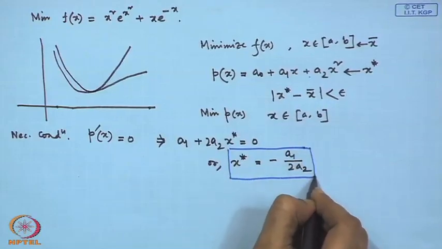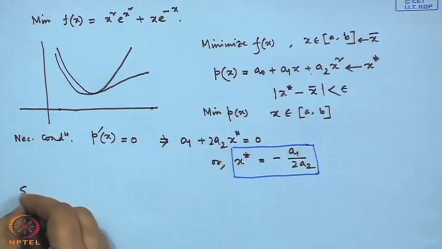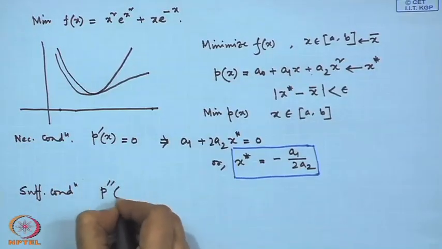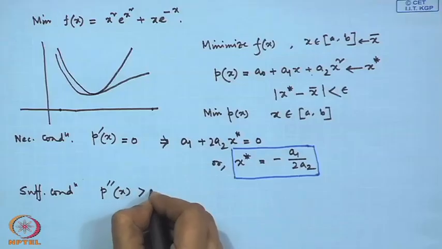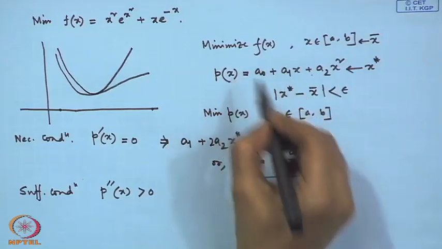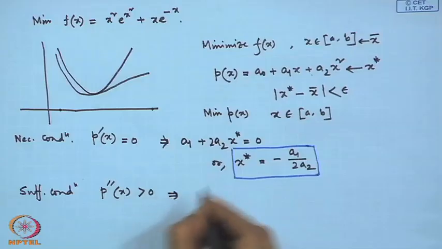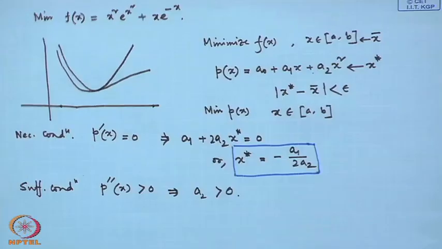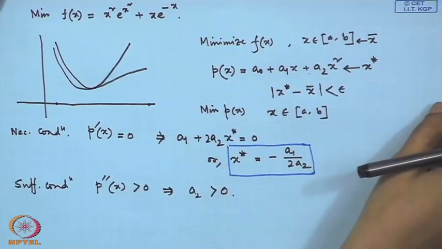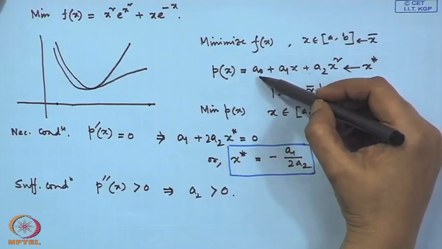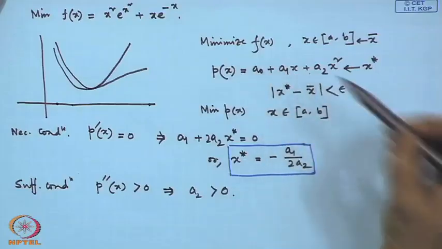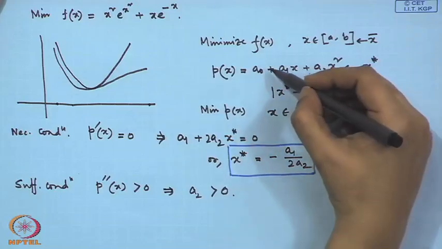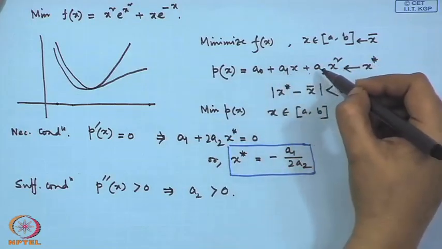And what is the sufficient condition? That is, p double dot x must be greater than 0, as we want to get the minimum of p x. Certainly a 2 must be greater than 0. That is the condition for optimality of p x. Now, our task is to determine the values of a 0, a 1 and a 2, because these are the coefficients of the corresponding p x.